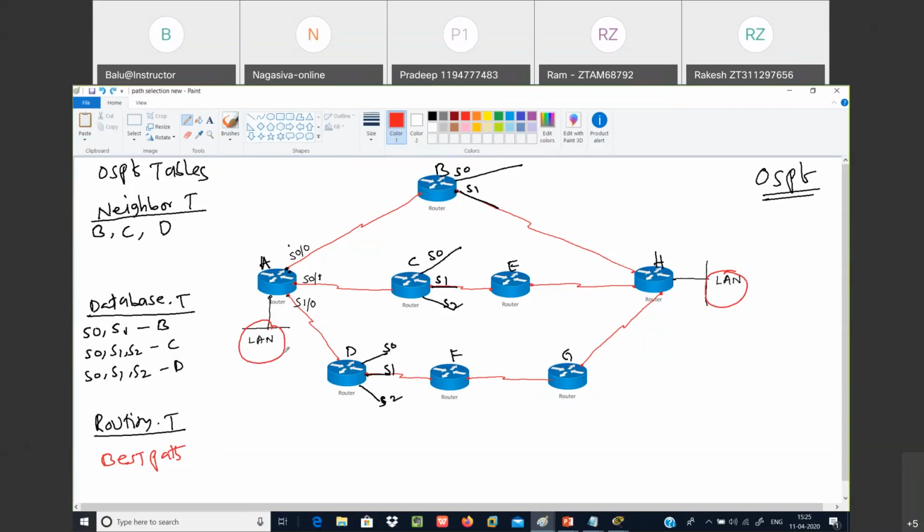So what information does the neighbor table contain? The OSPF neighbor table contains information about directly connected routers forming neighbor adjacency.